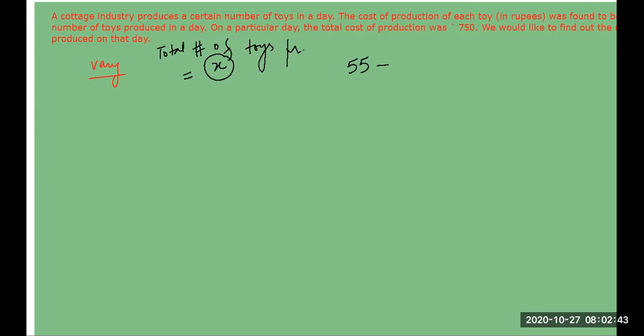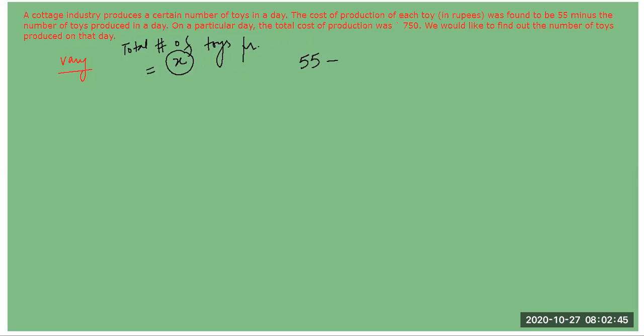If this is the case, students, then we can easily say, yes, see it's there. The cost of production of each toy in rupees was found to be 55 minus the number of toys produced on that day. The number of toys produced on that particular day is X, obviously because it is changing every day. That's why I've taken it as a variable.